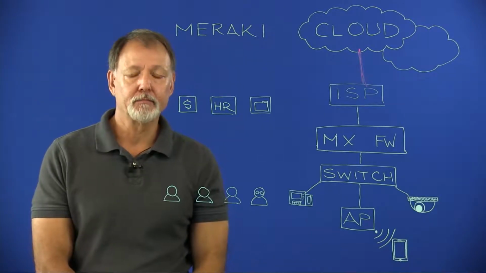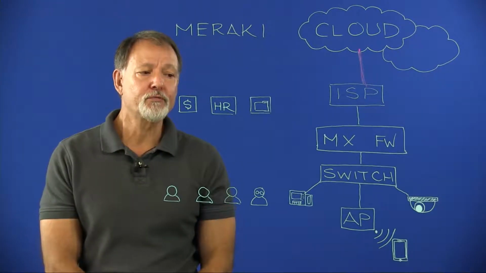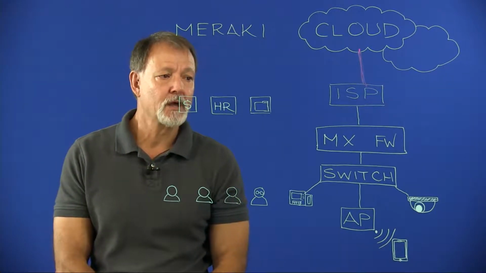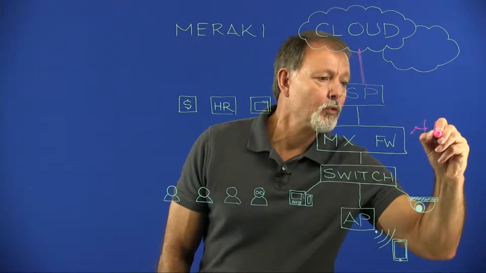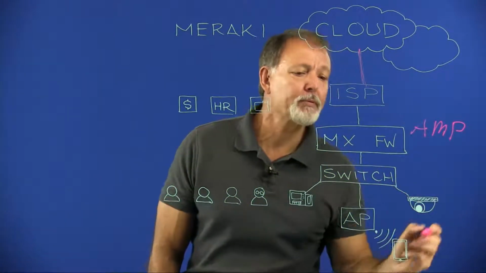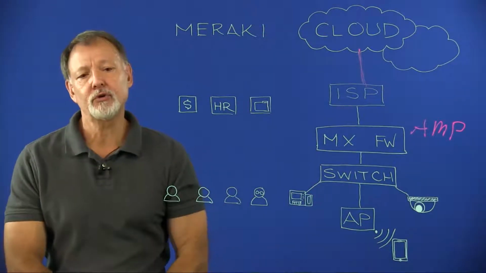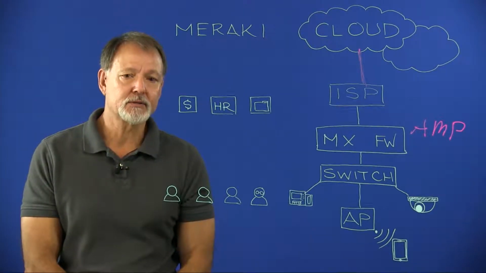Now, security of your data is twofold, both from external and internal sources. From external threats, we have AMP, which is Advanced Malware Protection, built into our Meraki MX Security Appliance.